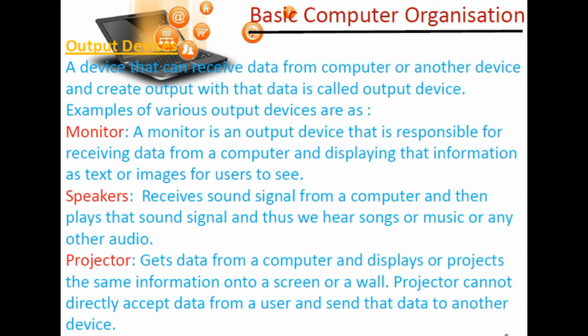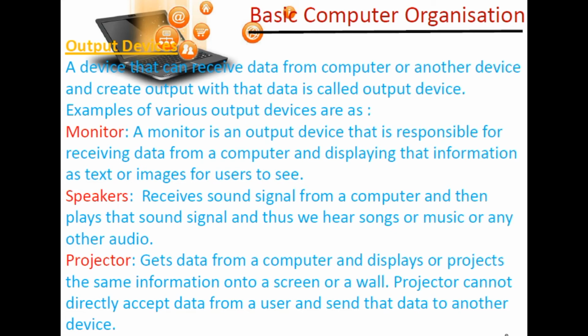The first one, monitor. As you can see, a monitor is an output device which is responsible for receiving the data from the computer and displaying the information as text or image for the user to see. Speakers receive the sound signals from the computer and then play the sound signal, and we can hear the song, listen to the music in the form of audio.